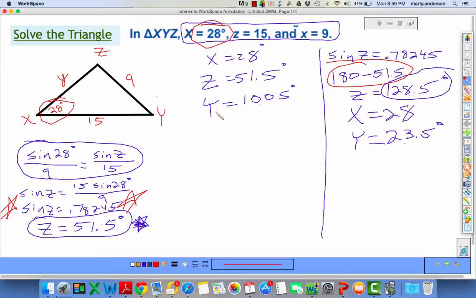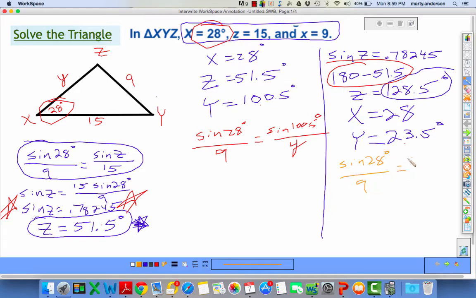The only thing left to do here is use the given information. Sine of 28 over 9 equals sine of 100.5 over y. And then over here, I will do sine of 28 over 9 equals sine of 23.5 over y.